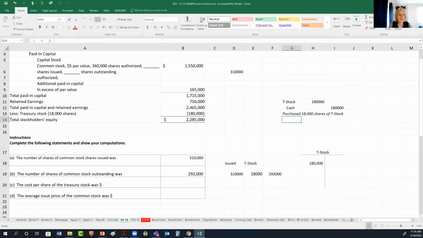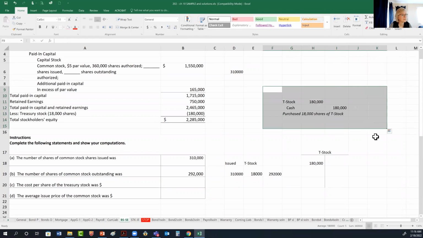Okay, so if we purchased 18,000 shares and it cost 180,000, how much did we pay per share? And how do we get that math? What's the formula for it? JR, what'd you use for a formula?